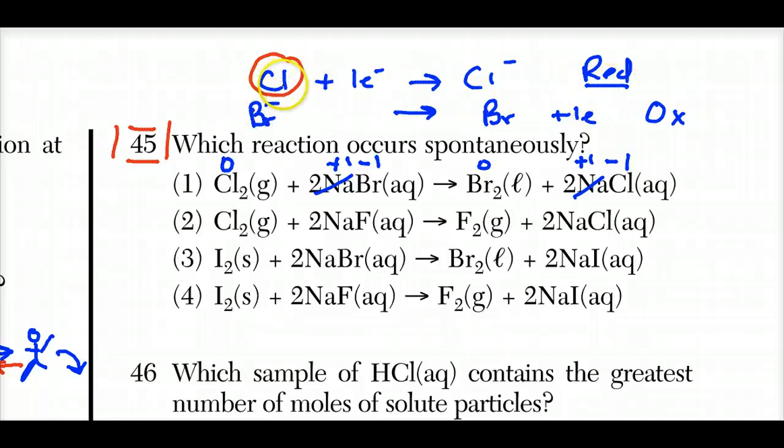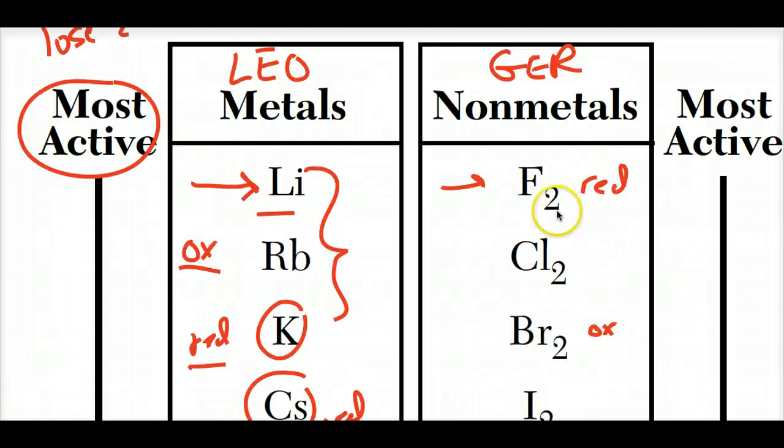Let's go see if that's the case in Table J. Lo and behold, chlorine is above bromine. So nonmetals are best and most active when they reduce. This guy's going to reduce, and the bromide is going to oxidize. And that is the case of my half reaction. So choice A is the answer.